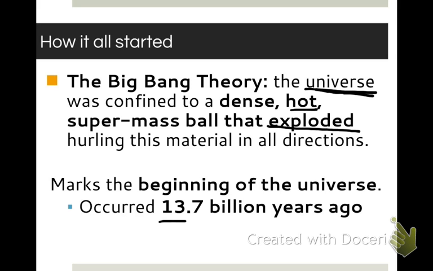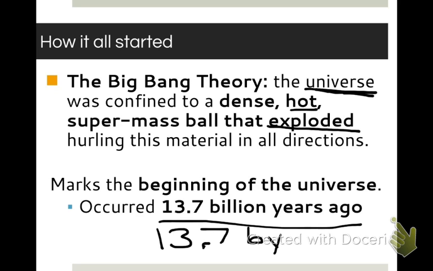And so that was 13.7 billion years ago. And if you just want to write that as 13.7 BYA, billion years ago, you can do that to abbreviate. So the Big Bang Theory, it was the universe that began. A very dense, hot, supermass ball exploded, and that was about 13.7 billion years ago.